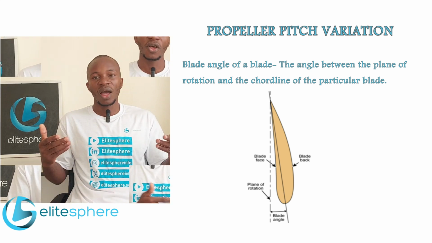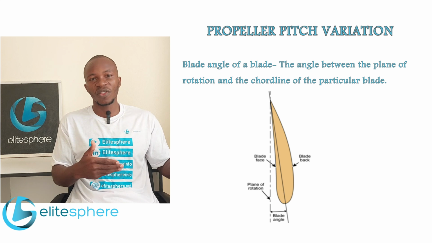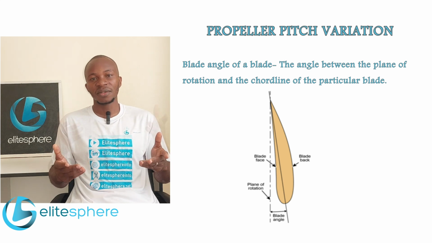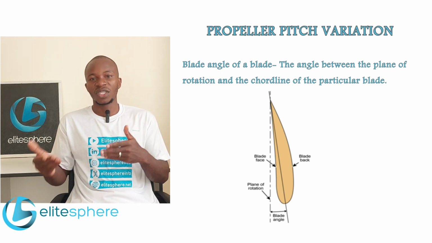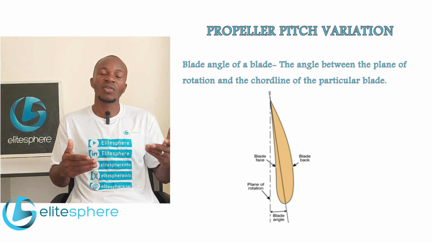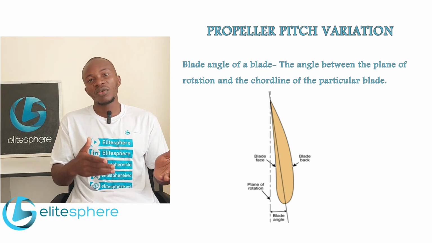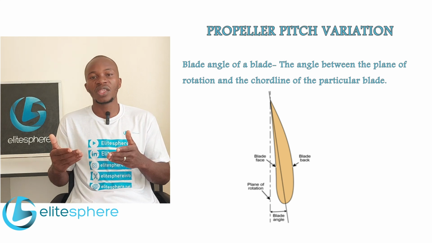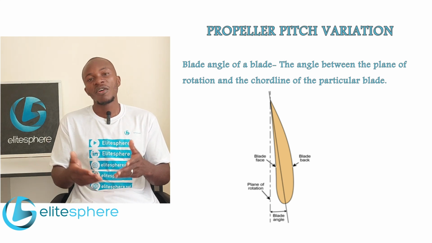As per this example, you can see that one configuration is suitable for takeoff and might not necessarily be suitable for cruise, and the other configuration is suitable for cruise which might not be suitable for takeoff.